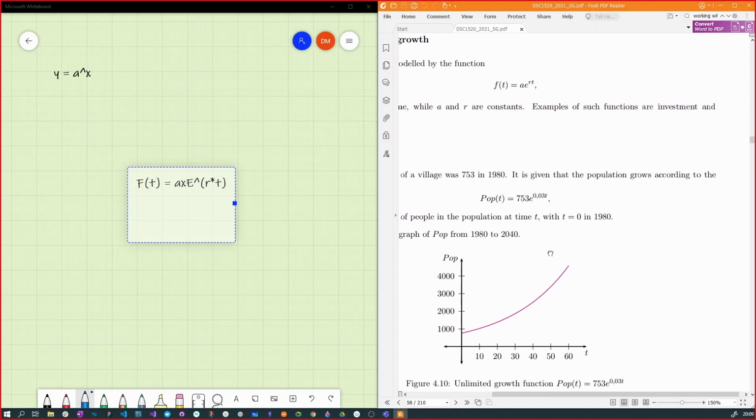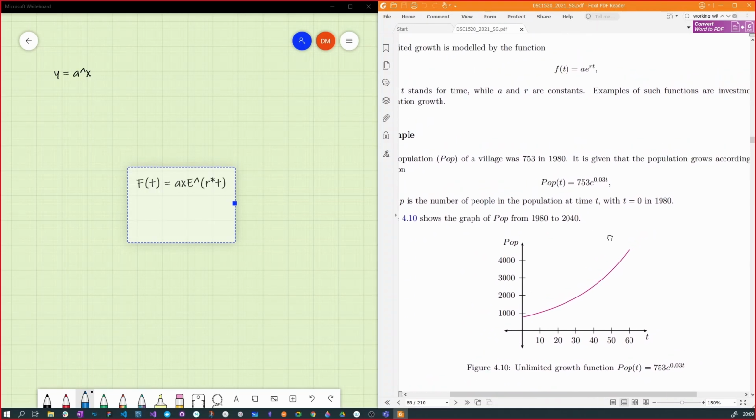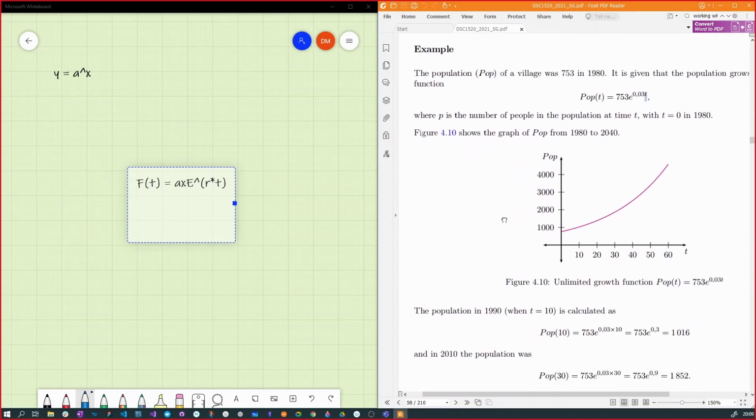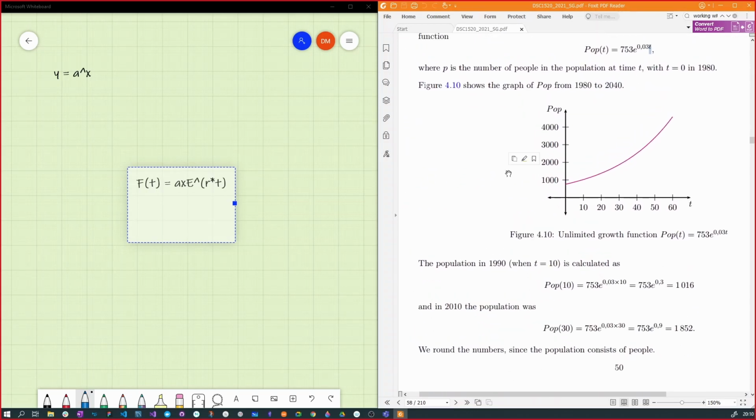And it is given that the population grows according to the following function, right? 753 times Euler's constant to the power of 0,03 times t, where t is an integer that represents a year. And obviously you can substitute any number into t to get a specific year.